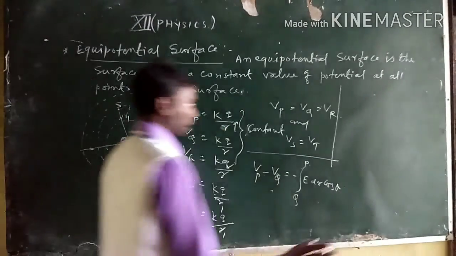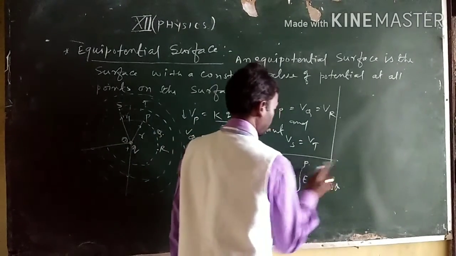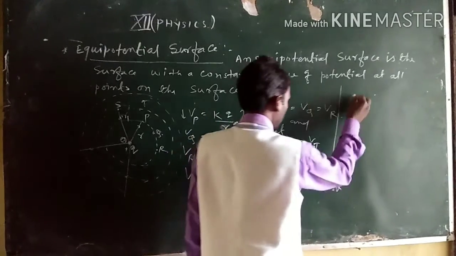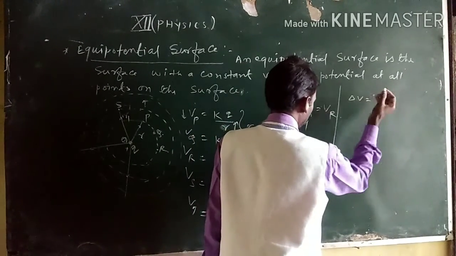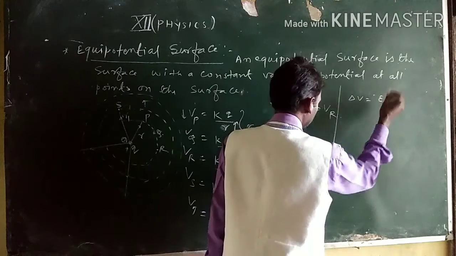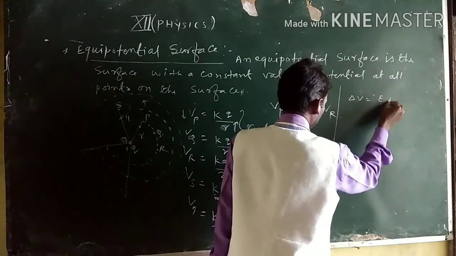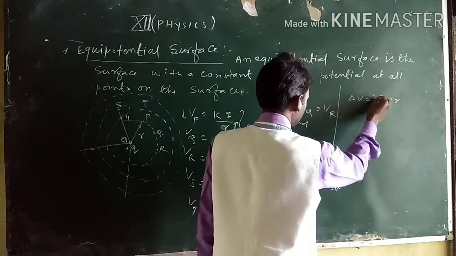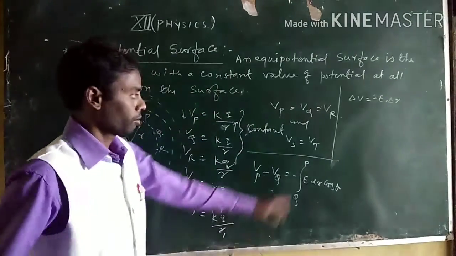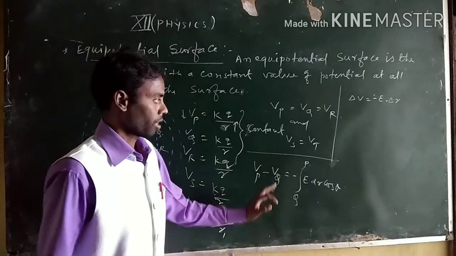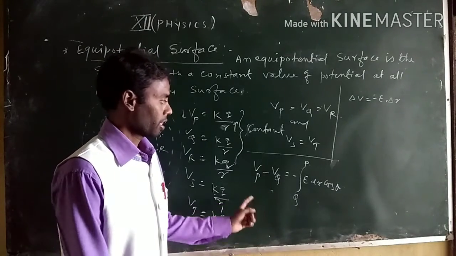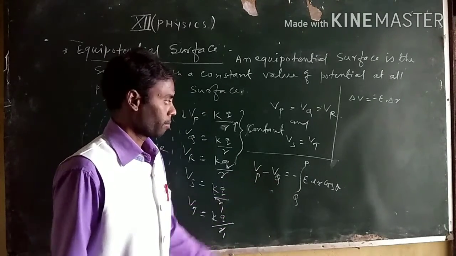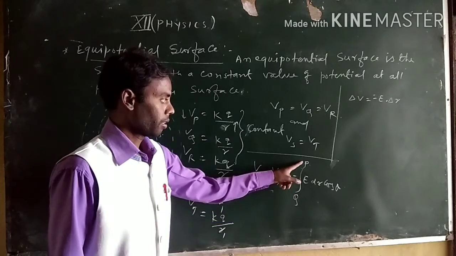The formula relating electric field and potential is delta V equal to minus E dot dr. Similarly, we integrate this to find the potential difference between P and Q.